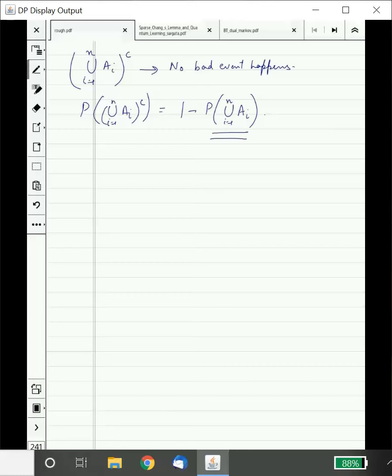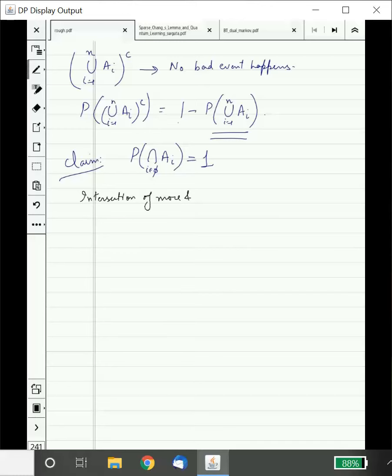Actually, we can think of 1 as the probability of the intersection over i an element of the empty set of AI. This would be my claim. I would say that if I take the intersection over the empty set, then my probability should be 1. The idea is that as we take intersection of more and more elements, the probability decreases.